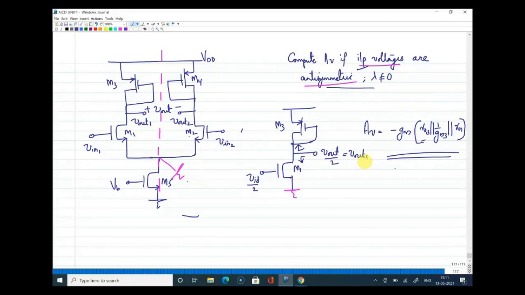That is for sure. Output swing will be double, but your gain remains as minus GM1, because what is your Vout1 in this case? Vout1 is equal to minus GM1.